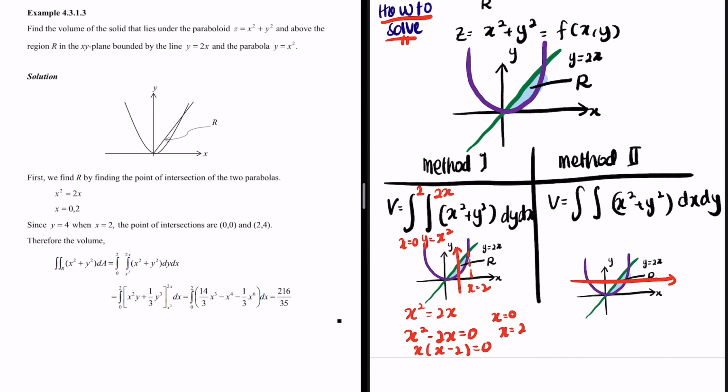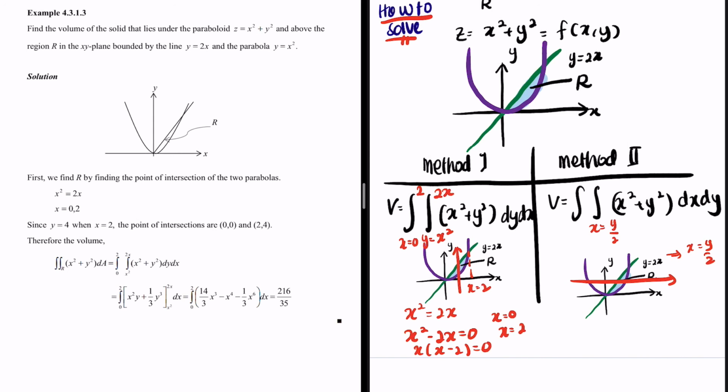The first integral is actually integration with respect to variable x, and x should be the subject of my equation. Therefore, I will get x equal to y over 2. So y over 2 will be the lower limit when I solve this problem by using type 2 integral, which is based on this red arrow.